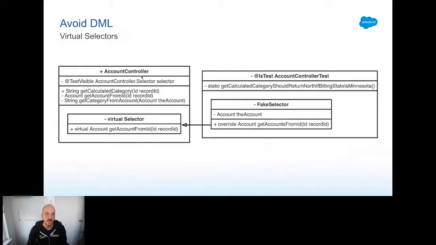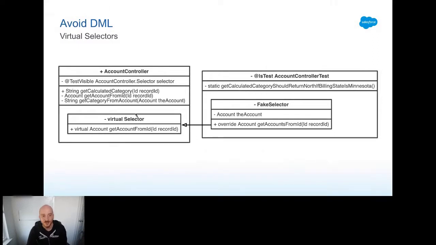Here we've taken the existing classes that we have, the account controller and the account controller test, and we've introduced an inner class called selector. Now this selector, you can see it's got a virtual account get account from ID, record ID.